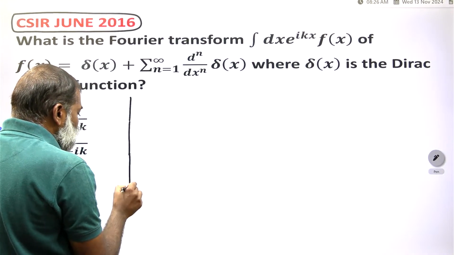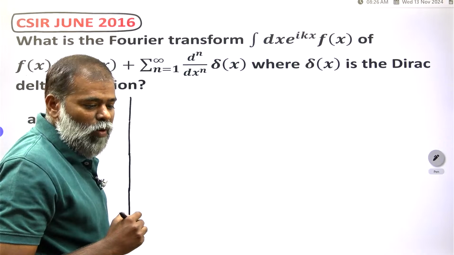The Fourier transform of f of x is a function.